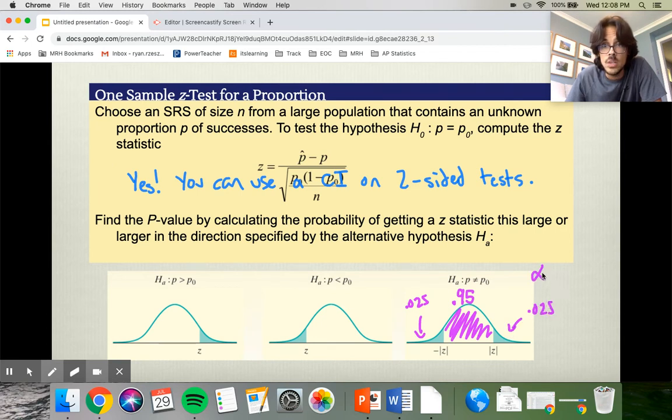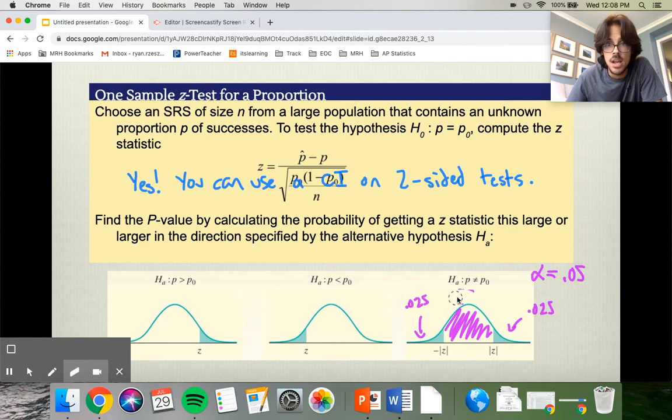So a significance level of 0.05 for your total p-value right here is the same thing as a 95% confidence interval. If I wanted to make this a 90% confidence interval in the middle, that means this is 0.05, this is 0.05. That's the same thing as a significance level of 0.10.